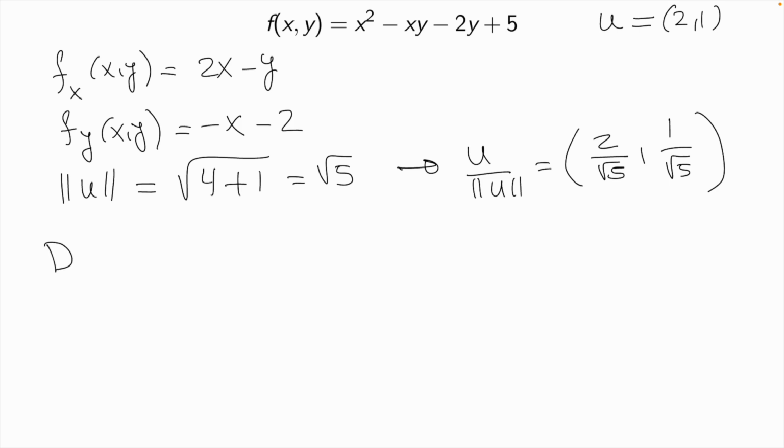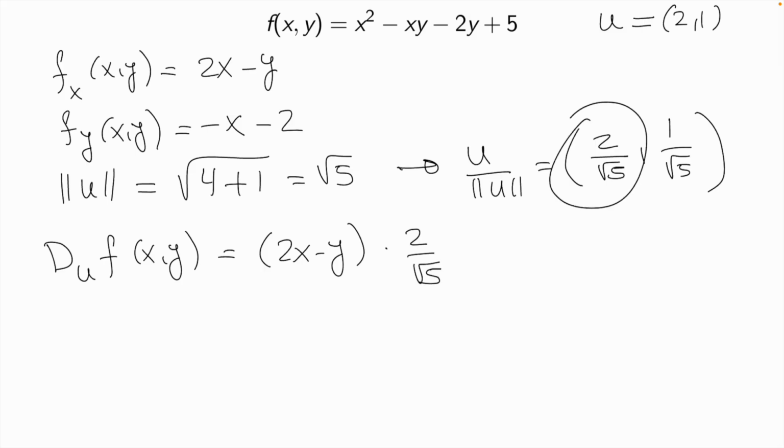The directional derivative in the direction of the vector u of the function f at the point (x, y) is going to be equal to the partial derivative with respect to x, which is 2x minus y, times the first component of the vector, which is 2 divided by the square root of 5, plus the derivative with respect to y, which is minus x minus 2, times the second component of the vector, which is 1 over square root of 5.